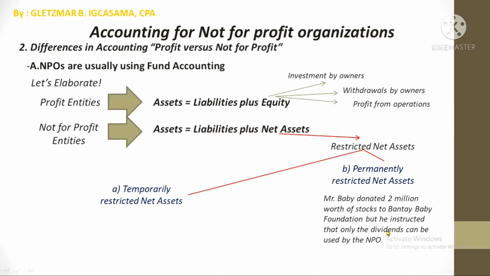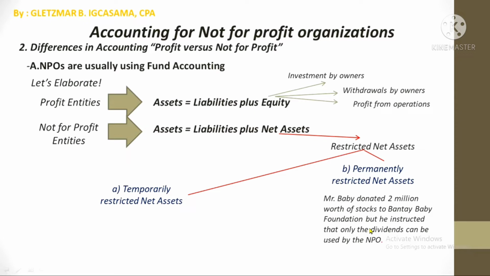So let's have other examples, although they are not flashed in this presentation. So you just need to listen. Some donors give cash, but that cash, as per their instruction, should be kept in a time deposit, and only the interest can be withdrawn by the NPO to be used for its programs. So that's another example. I have a last example. A donor donated his painting to a not-for-profit museum on the condition that it should not be sold and should forever be displayed in the museum.